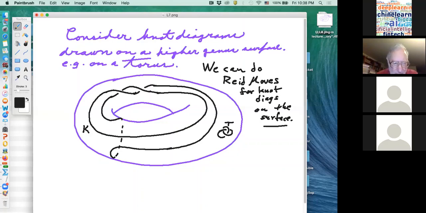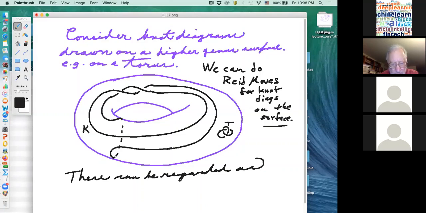So I have a knot. I can do knot theory on surfaces, and this is quite an interesting question: how to classify the knots, the knot diagrams that would belong on a surface. These can be regarded as S1 going into the surface, in this case the torus, crossed with the unit interval.